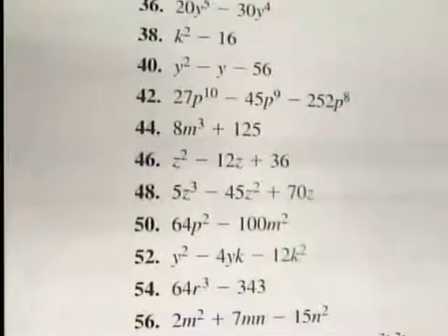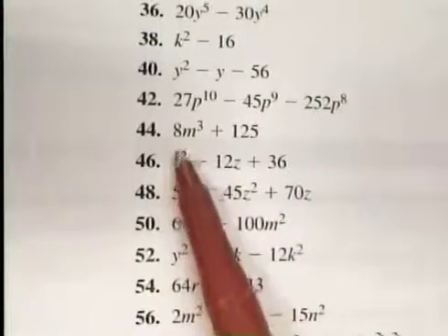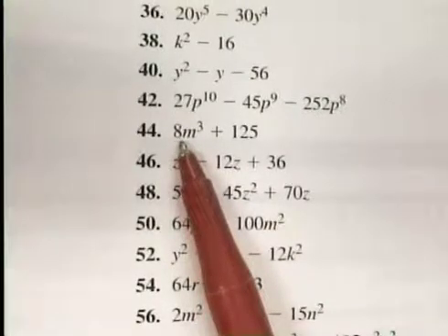Let's go to 44. In 44, the key here is to see what's not there. Namely, 125 is 5 cubed. And you're looking at the 8m cubed, and you're seeing that as the quantity 2m in parentheses to the third.